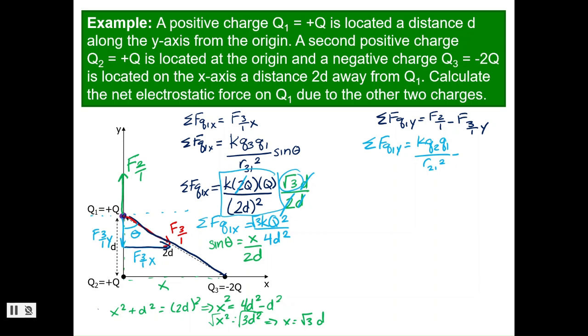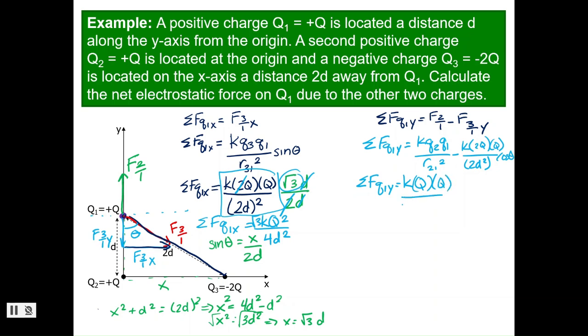So I'm going to just skip a little bit, and that's going to give me k times, well, I'm not going to skip that much, 2q times q over 2d squared. And that's going to be based on cosine theta. So I'm not really skipping much. I do need to find cosine theta and simplify. So I'm going to get the net force on Q1 in y is going to be k. q2 is just q.